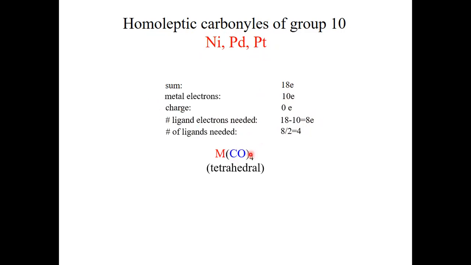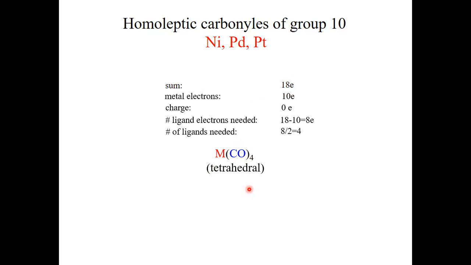So these carbonyls have a tetrahedral structure. It's the most common structure. I would understand that here the tetrahedral structure is favored over the square planar structure, because we know that square planar structure requires 16 electrons, but here we have 18, therefore the tetrahedral structure is being favored.